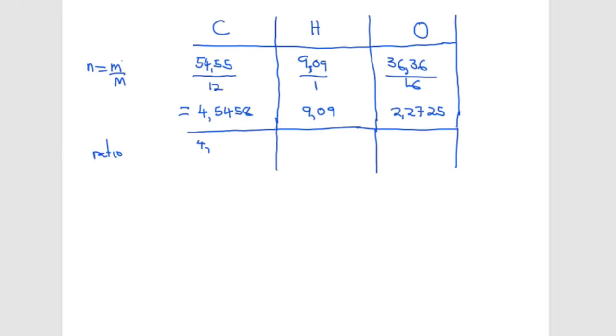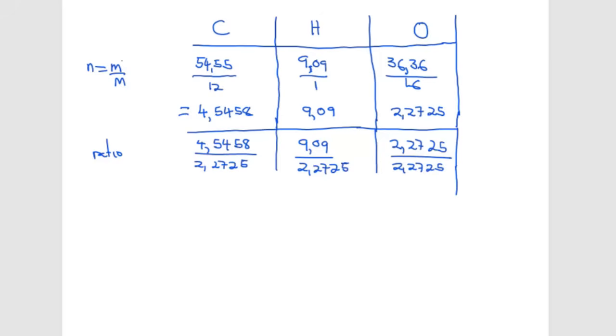Therefore, I'm going to say 4.5458 over 2.2725, and 9.09 over 2.2725, and then the last one is going to be 2.2725 over 2.2725.